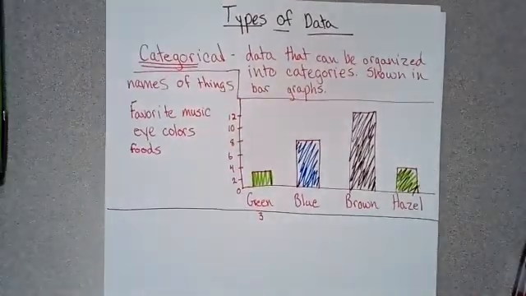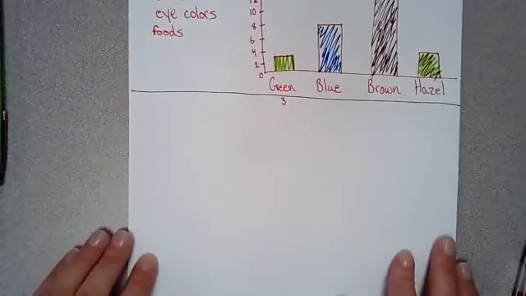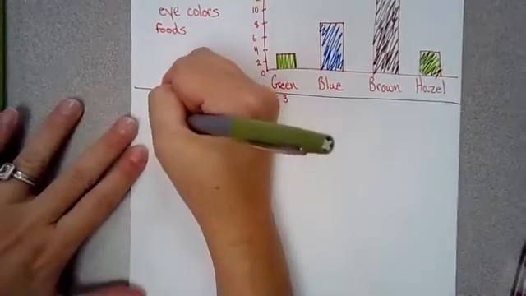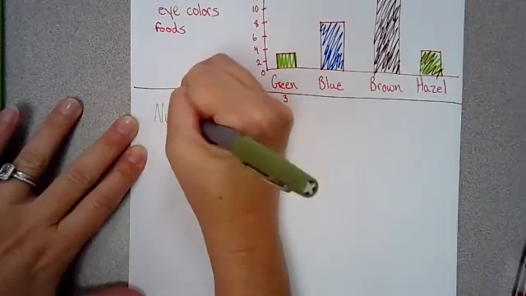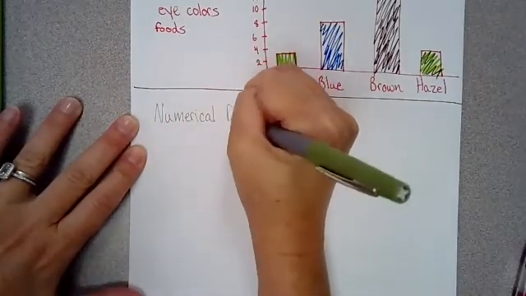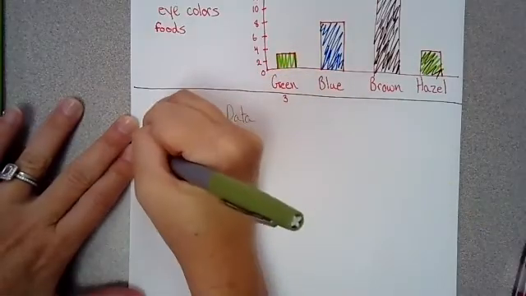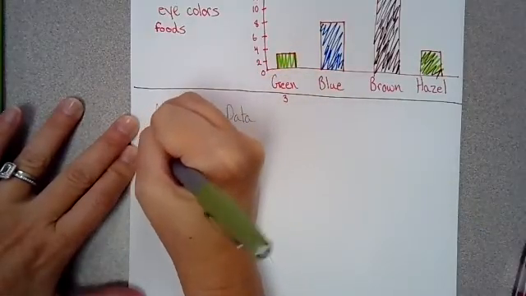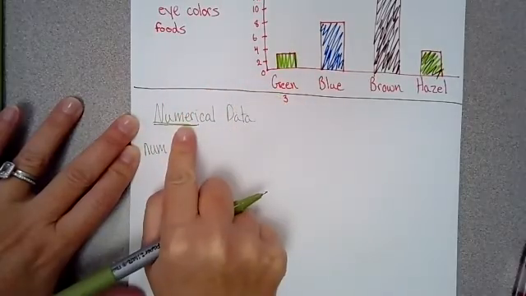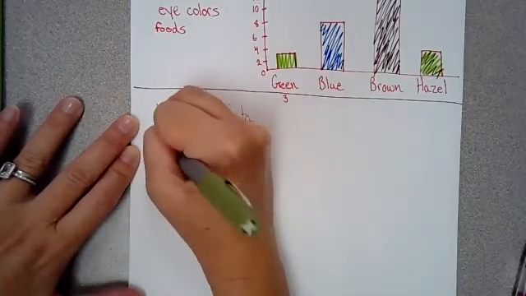All right, so let's go to the next type of data. Next type of data is going to be numerical, okay? So let's write that down. Numerical data. All right, and numerical data is all about numbers. Does that make sense? Because it's the word number without a B in it.